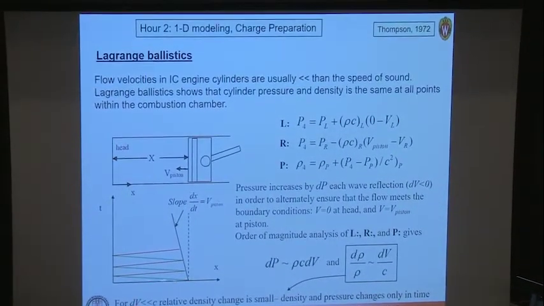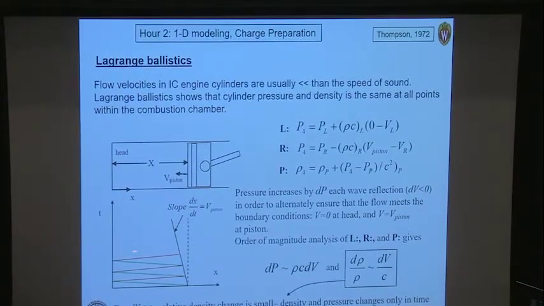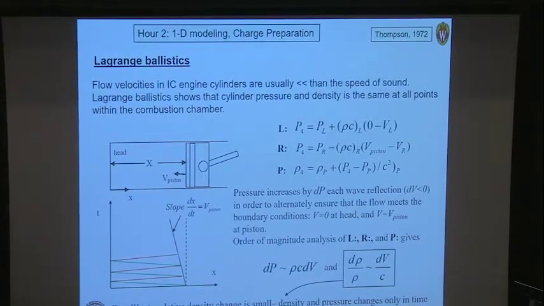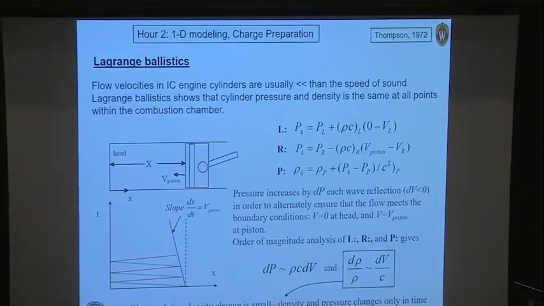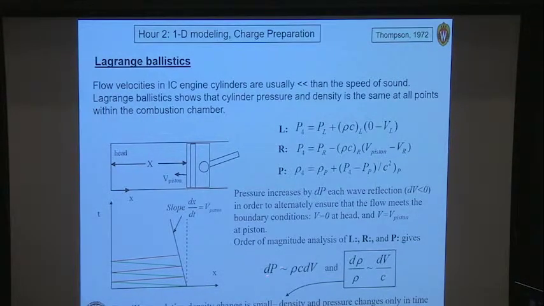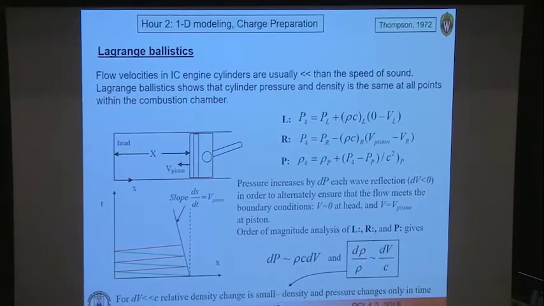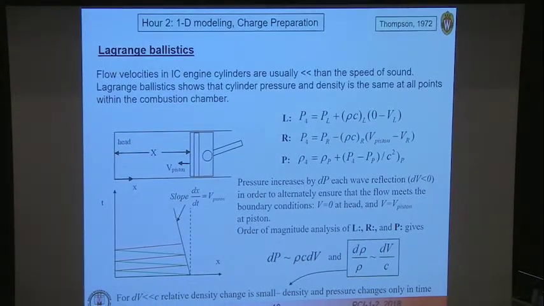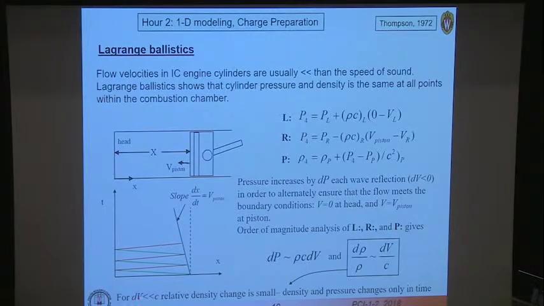And that means that everything is equilibrated extremely quickly across the domain. And you can show from order of magnitude analysis then, pressure changes being related to velocity changes and density changes being related to velocity changes, that if the velocity changes are very small compared to the speed of sound, the density and the pressure everywhere in this combustion chamber is uniform.